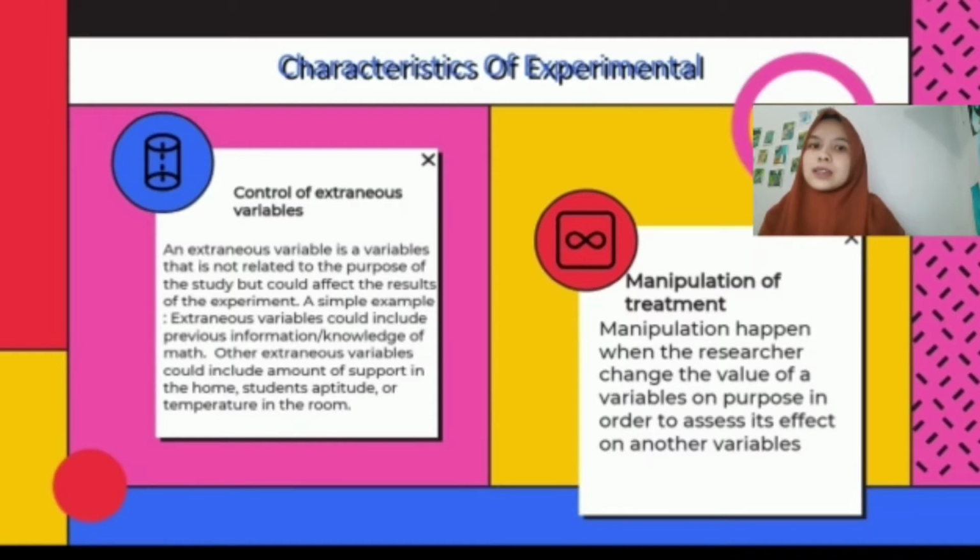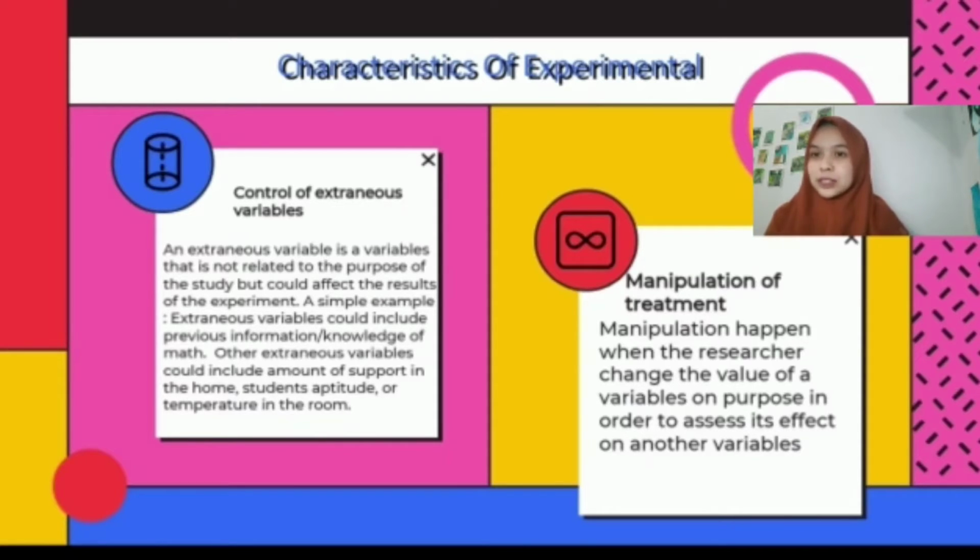You would have to make sure that group A is comparable with group B. Extraneous variables could include previous knowledge of math, the amount of support in the home, students' aptitude, or temperature in the room. Randomization is the way to achieve the necessary control.